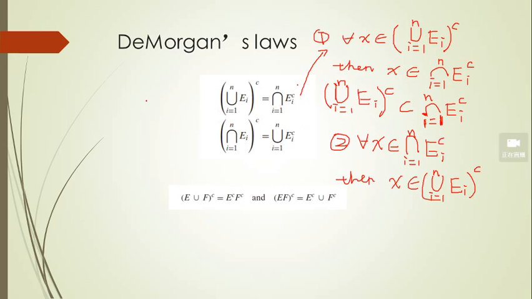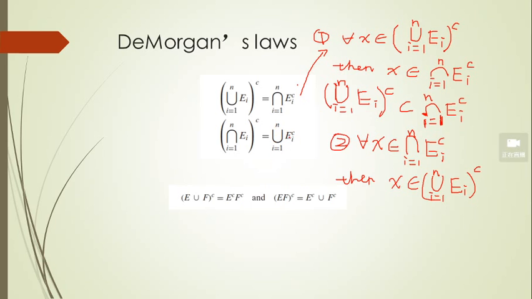And in our textbook, they give some explanation. If you are interested, you can read this part in the textbook. And the second one is the same idea to prove. You choose any x from the left side, then that belongs to the right side.